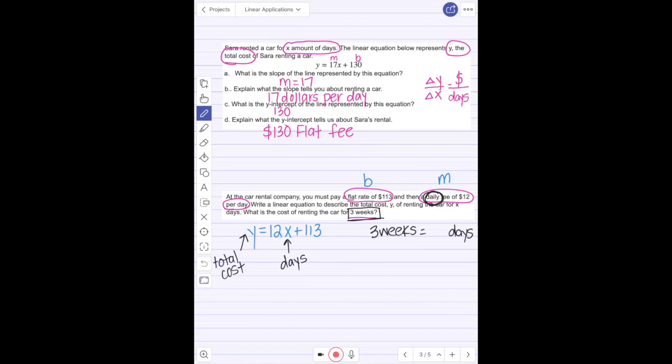Well, how many days are in a week? Well, there's 7 days in a week. So if there's 7 days in 1 week, 7 times 3 is going to give me 21 days.